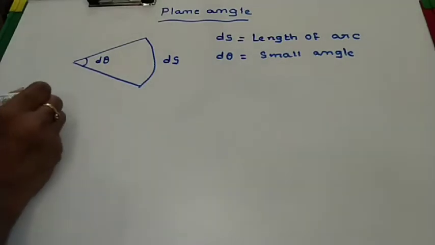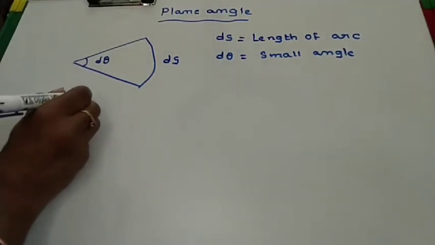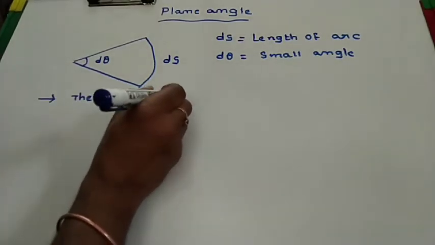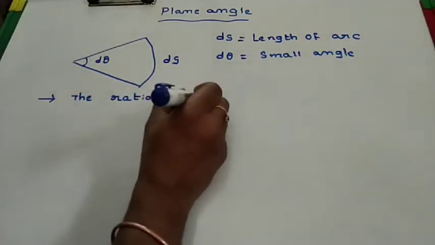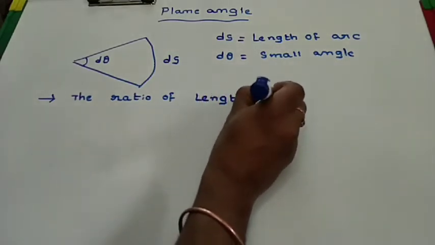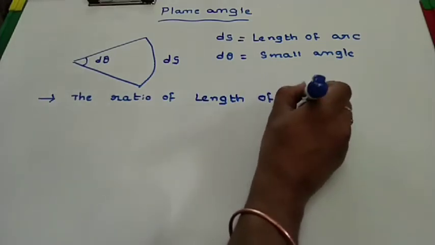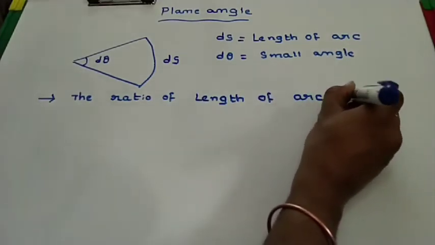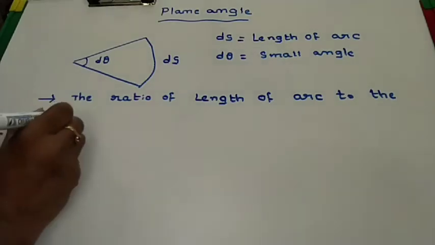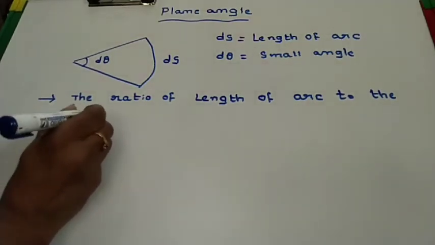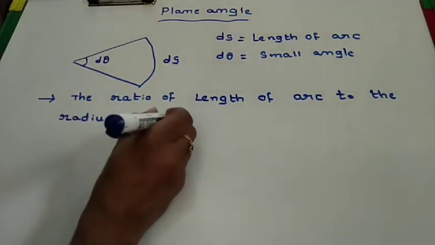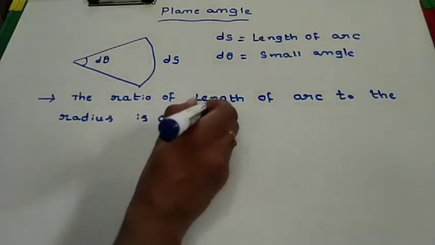Now go for the discussion. The ratio of the length of the arc to the radius is called plane angle.